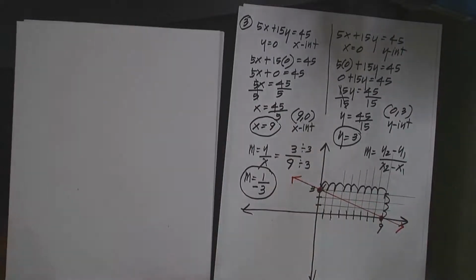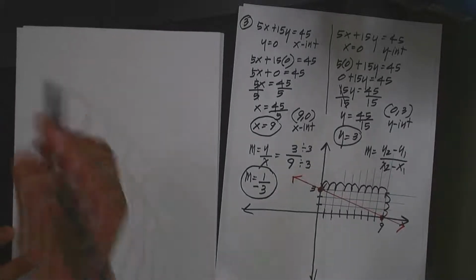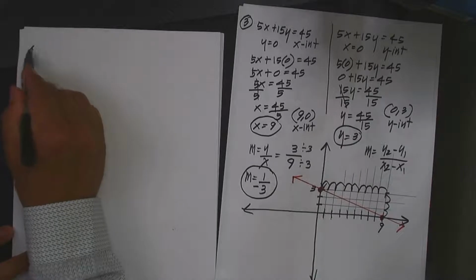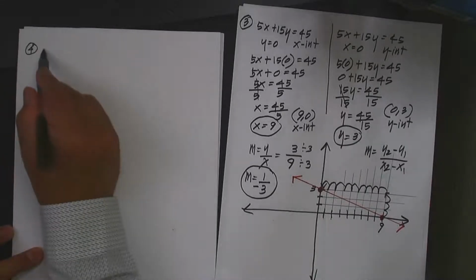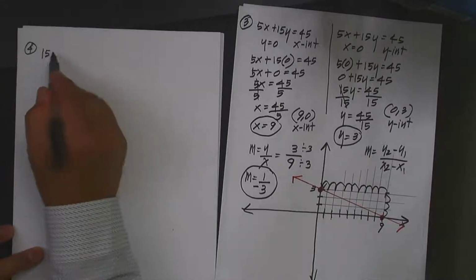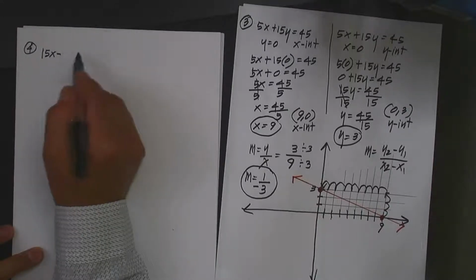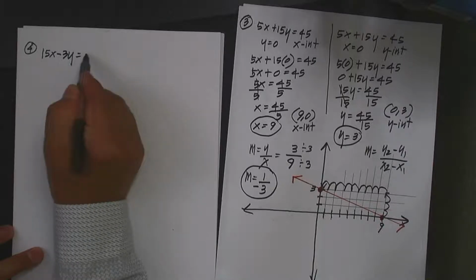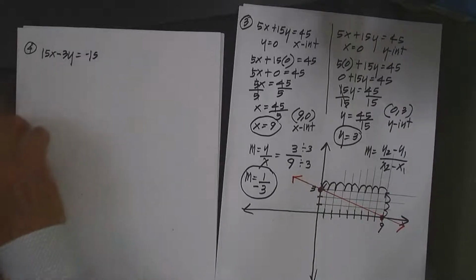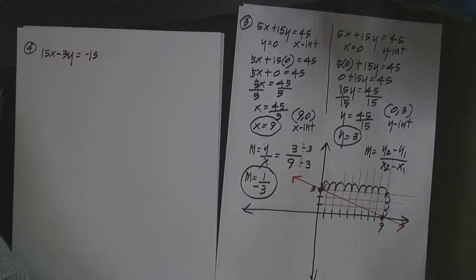But the catch there is, what if it's already given the value for both of your x and y? Okay? Now let's proceed to number 4. Number 4, you have here 15x minus 3y is equals to negative 15. Okay? So what do you think?